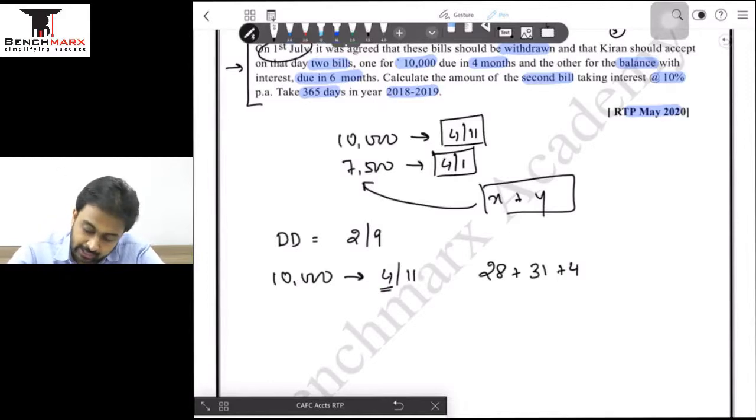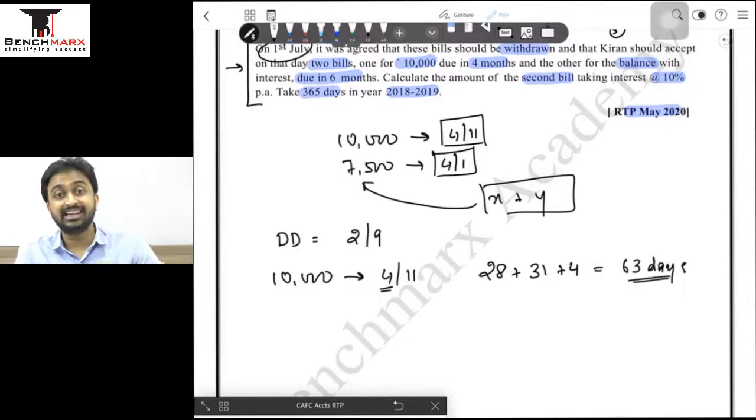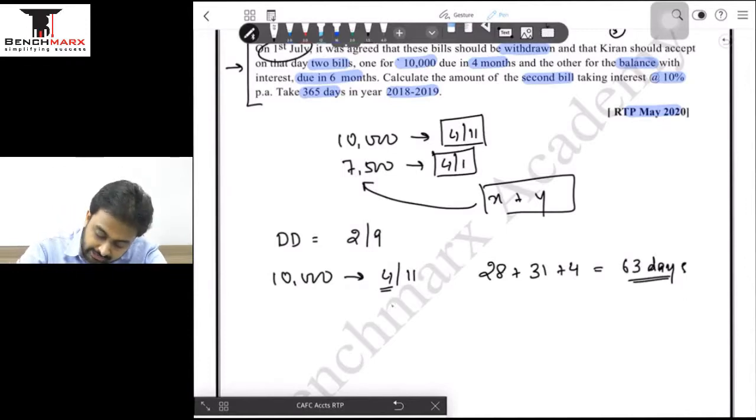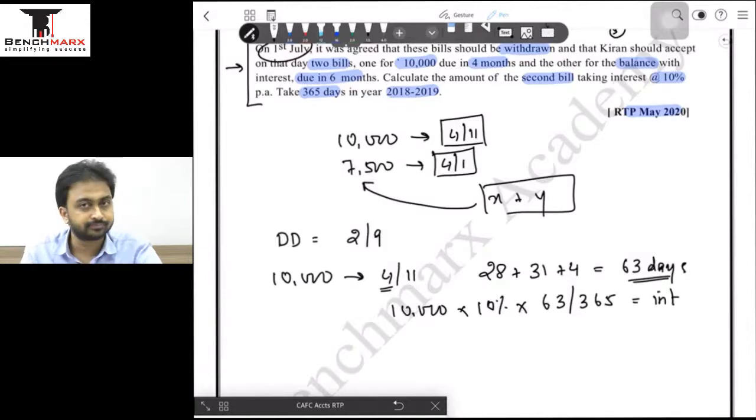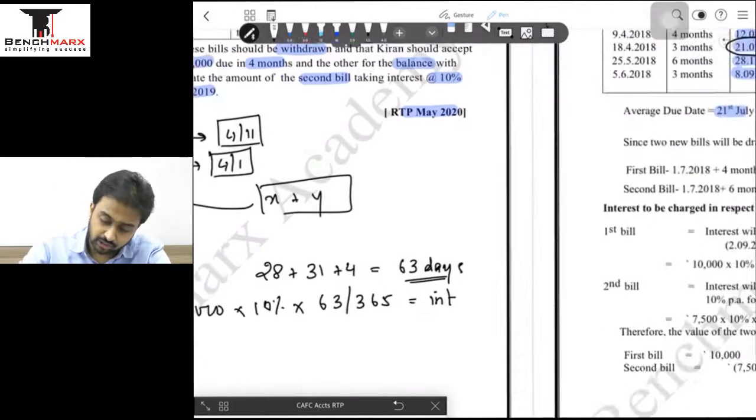Right. So 28 plus 31 is 59, 59 plus 4 is 63. So 63 days is the payment happening later. So on this 10,000 I will charge 10% interest for 63 days out of 365 to compute the interest component. This is what the sum must have done.